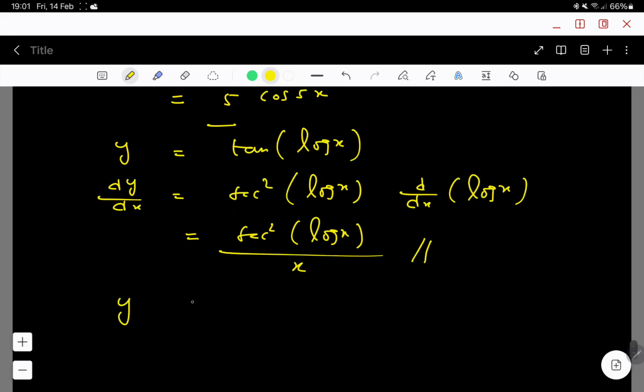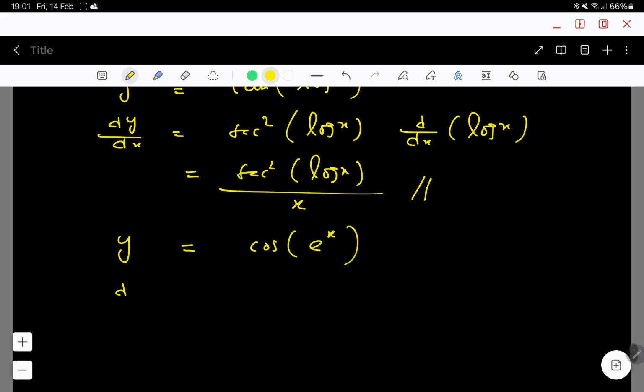Okay, so y is equal to cos of e power x. So dy by dx equal to, first differentiate cos and then differentiate e power x. Okay. Cos of e power x is minus sin of e power x. Write e power x. Don't differentiate e power x now.